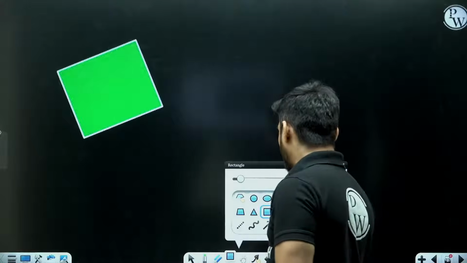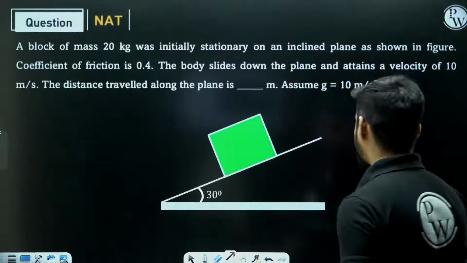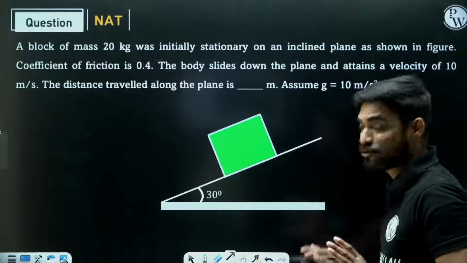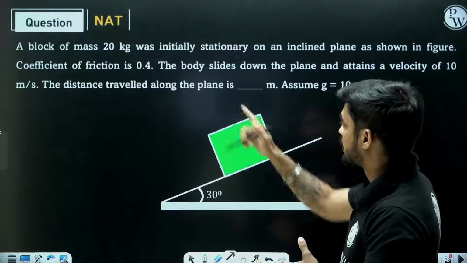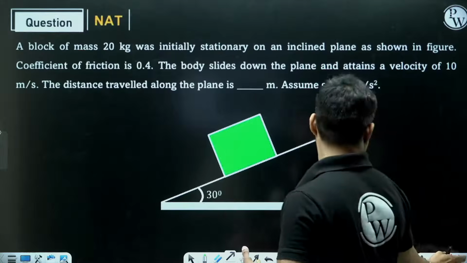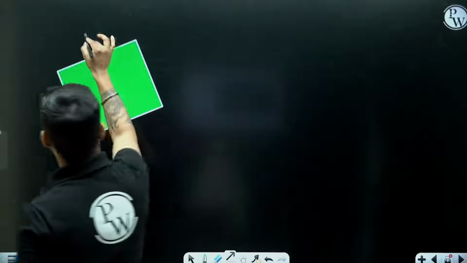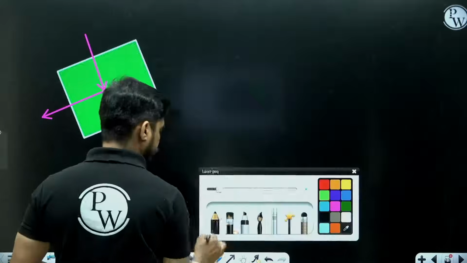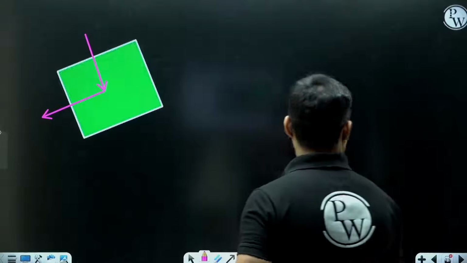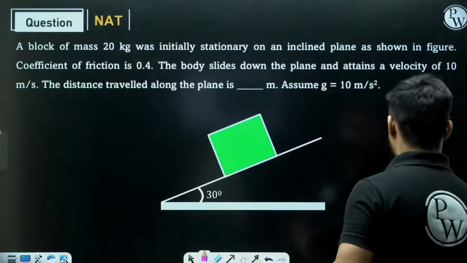Now, whenever the body is on an inclined surface, I told you, always resolve the forces parallel to the surface and normal to the surface. Weight will be 200 Newton. So this will be the cos component of weight. This will be the sine component of weight. What is the value of theta? 30 degrees.